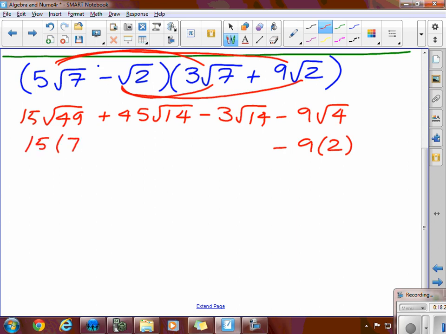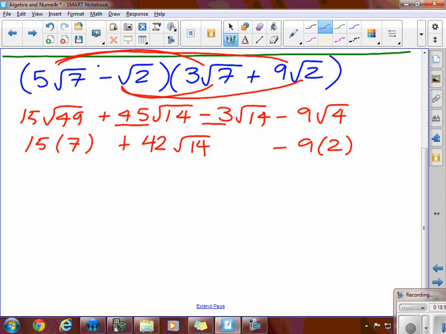So this is 15 times 7. Now, you should be thinking, can I actually simplify the root of 14? The only thing 14 gets divided into is 1 and 14 or 2 and 7. Nothing's a perfect square. But can I combine 45 of them with negative 3 of them? And how much do I have? Positive 42 root 14s.